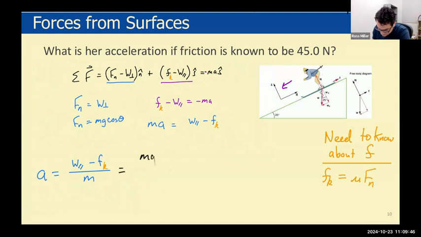Okay, so it's mg, the parallel part is sine theta, minus this kinetic friction over the mass. This is four different questions.